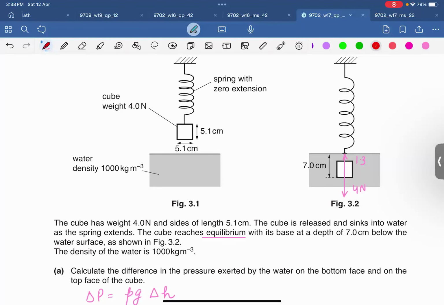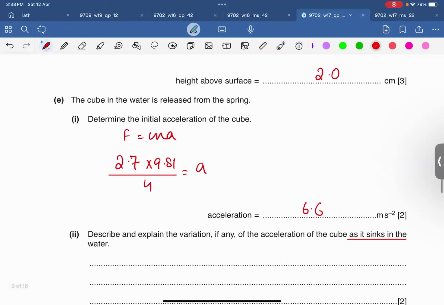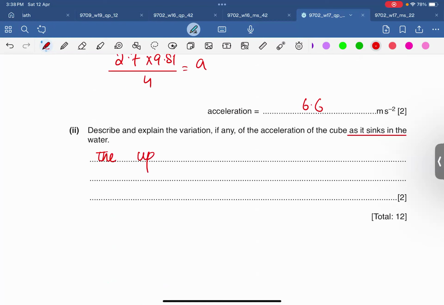So over here you have to write that the upthrust, which depends upon the dimension of the body and the density of the liquid, you are not changing both. So the upthrust and also the weight are not changing, they remain the same. That is the first point.